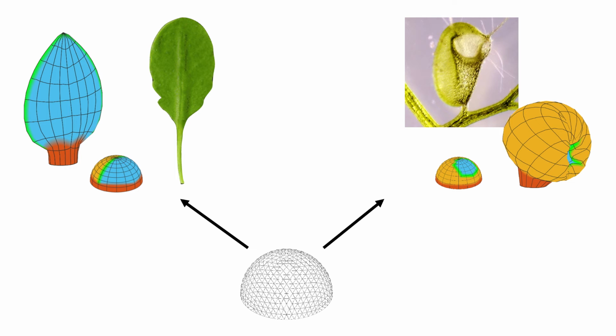What I wanted the take-home to be from this is that we can use computational modeling and experiments in unusual plants to understand or identify quite simple mechanisms that can underlie evolution, right?